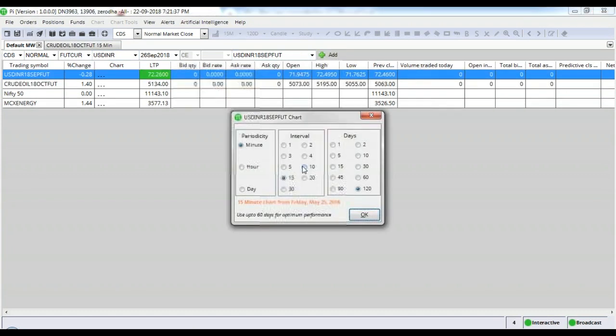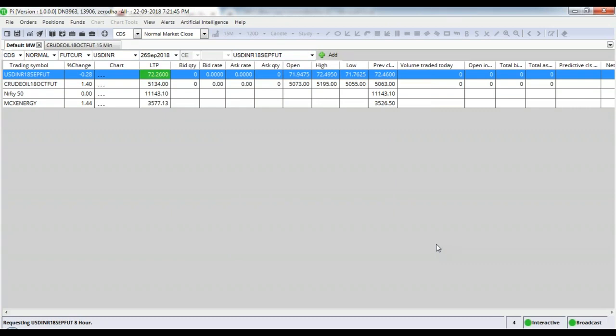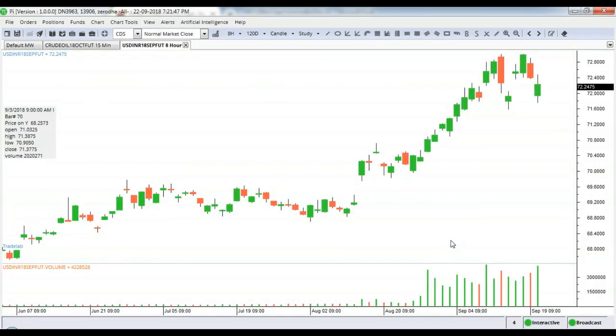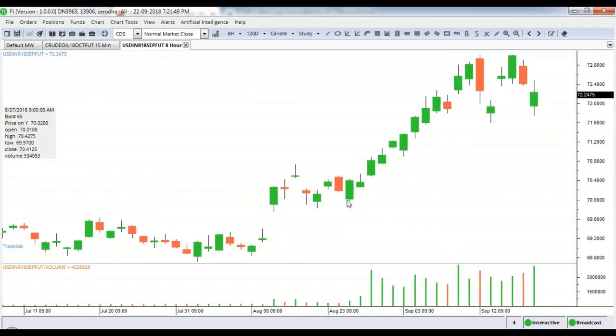If we look at the USD INR pair, and let me increase this, you see there is a sharp increase over here. Yes, sir. Which is clearly visible.